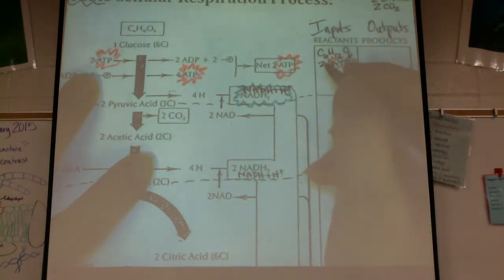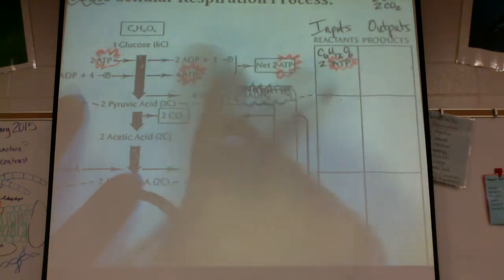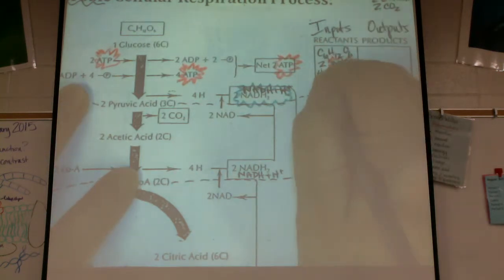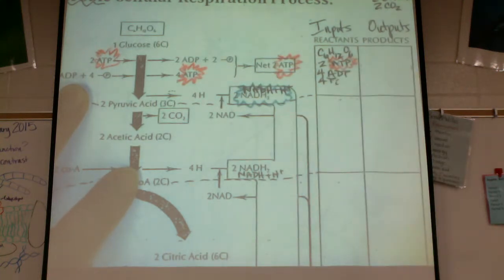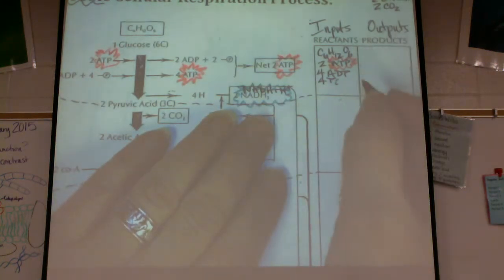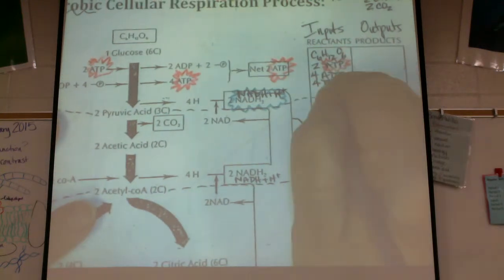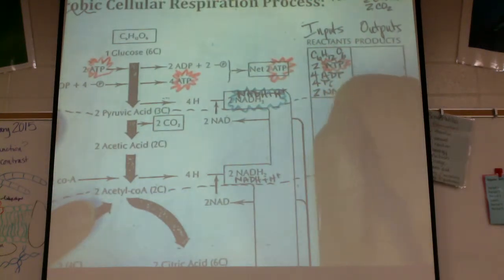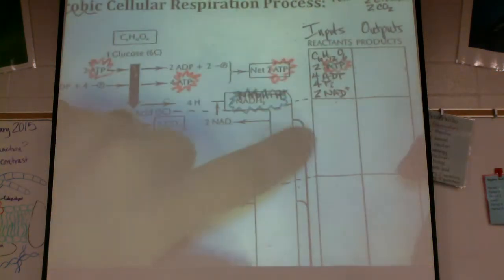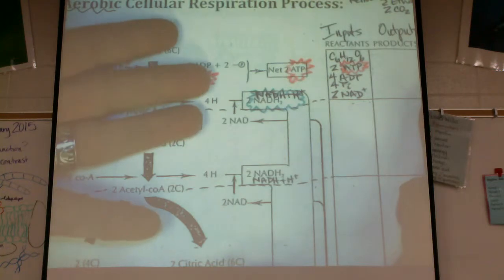Since you're going to make some ATP here, you're going to need 4 ADPs, adenosine diphosphate, plus 4 phosphates, or PO4s, okay? The other thing is, if you're going to make some NADH plus H's, you're going to need 2 NADs, okay? So, these are our inputs. These are the things that have to come into this process to get it to run.